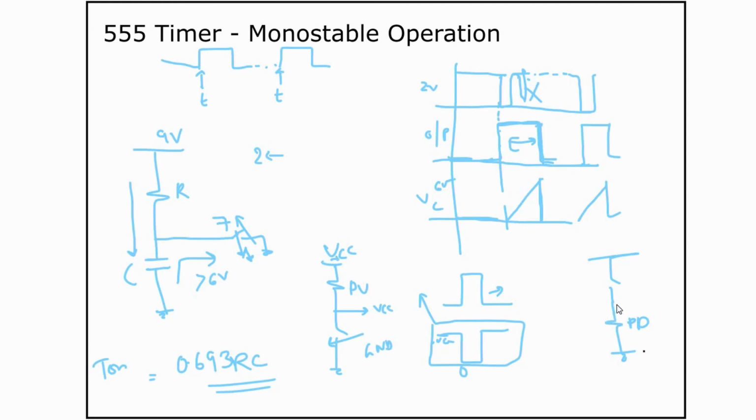If this is the output, then without the switch being on, this will be 0. When you press the switch, it will become high or go to VCC, and when you release it, it will come back to 0. So you will get this kind of a waveform. Since we are going to use this, let's use this kind of circuit to provide the trigger.